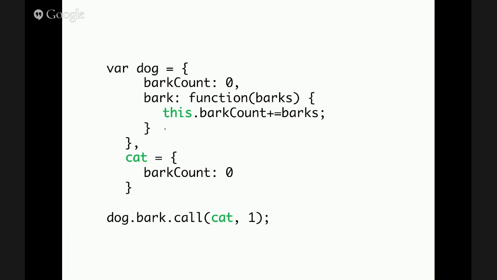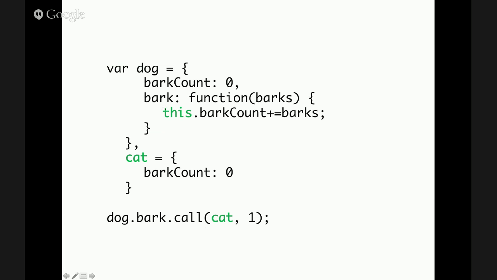Now, there's two other ways that you can call a function that are pretty similar that allow you to programmatically specify what you want this to be when a function is called. They are a call function and an apply function that are on other functions.